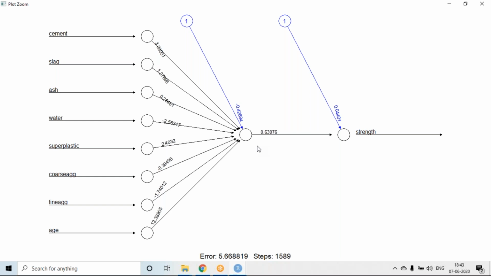So all the weightages are given. The blue ones are the D weightages, basically the errors, the intercepts, and it is telling me that it converged in 1589 steps, and currently the mean error is 5.66. Now our job is to improve this. Can you close it?